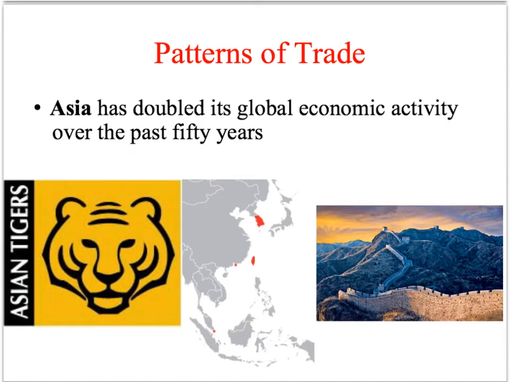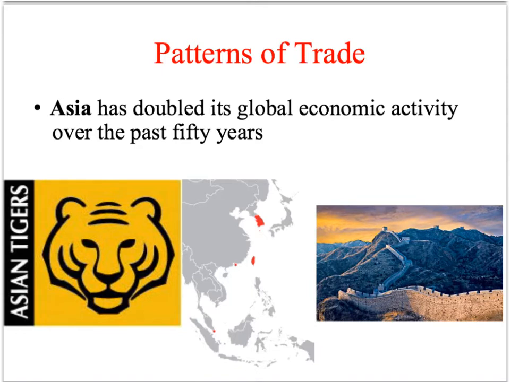The developing countries that have been most successful in increasing their share of international trade have mainly been in Asia. For example, we've got the so-called Asian tiger economies, and they include Singapore, Hong Kong, Taiwan and South Korea, and they've been very successful in increasing their share of international trade.